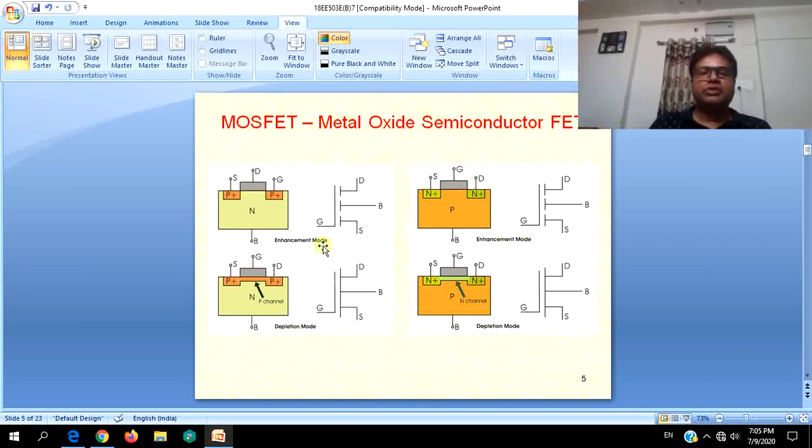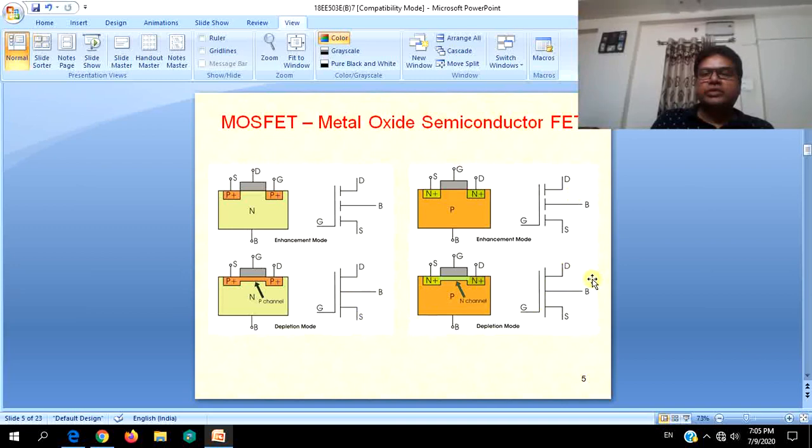And when it comes to the symbols, they will have 3 terminals. Source is like your emitter, D drain is like your collector, B is your base.